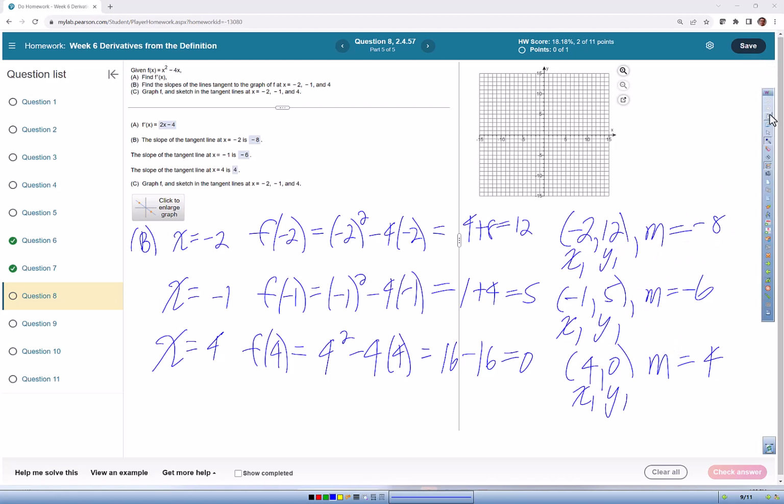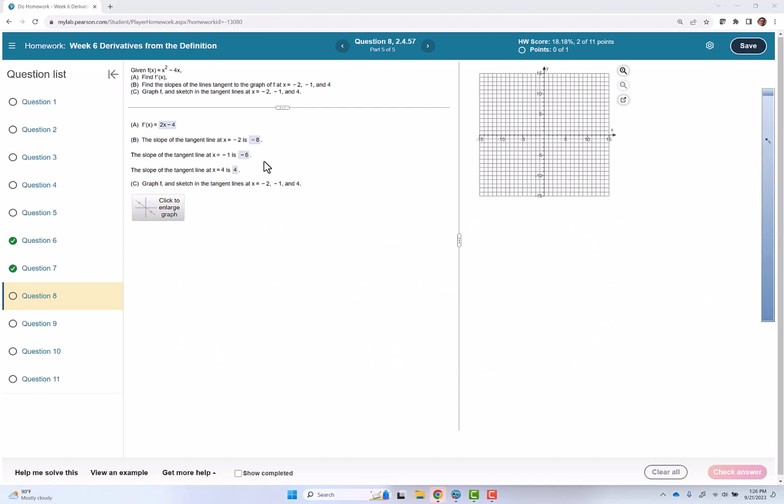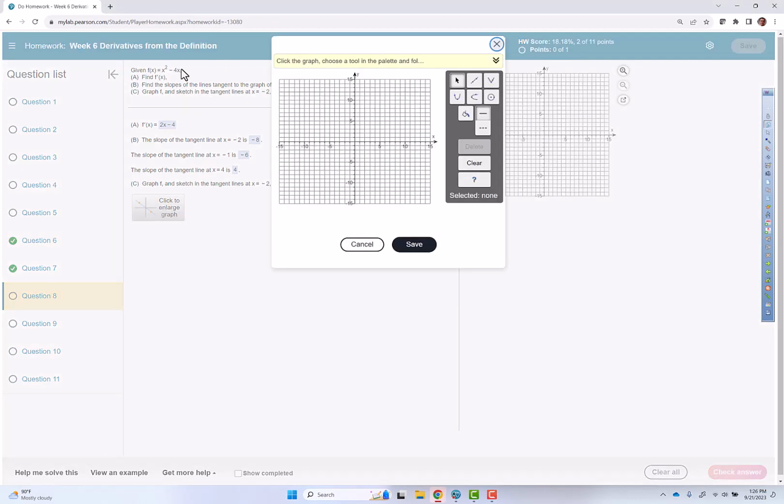So I'm going to go put in my graph of the function here. So this is going to be, I want an upward facing parabola, and click the graph, choose a tool in the palette, click to graph the vertex of your parabola.